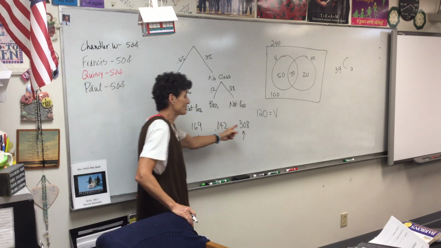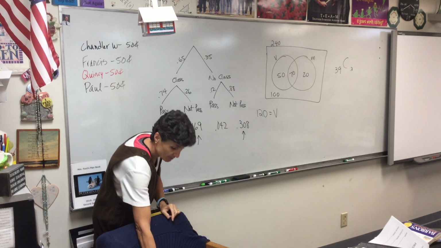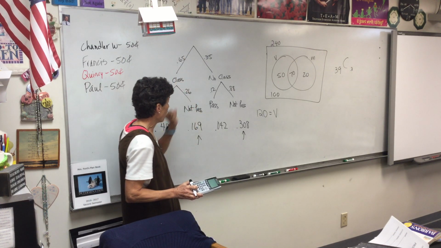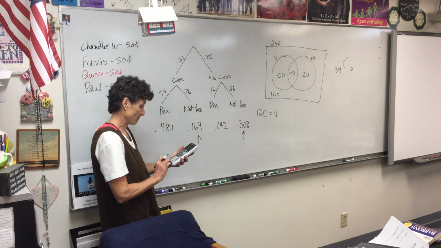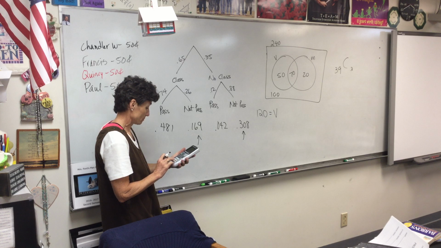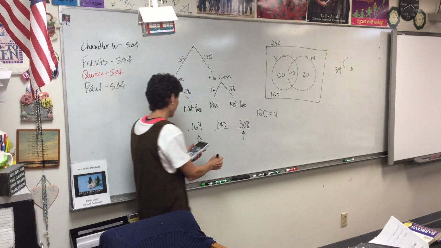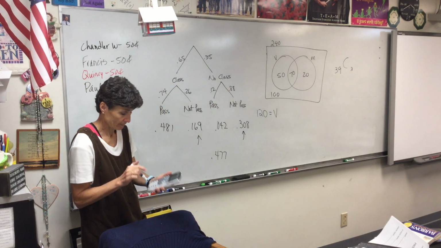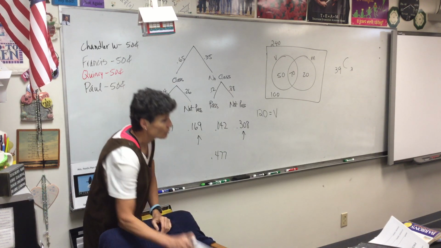What am I going to do with these two numbers? Add them together, because it's this branch or it's this branch. So 0.477 is the answer to the question. Is that right? Now we'll do a couple more of those.